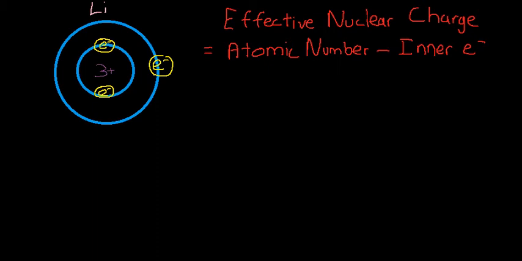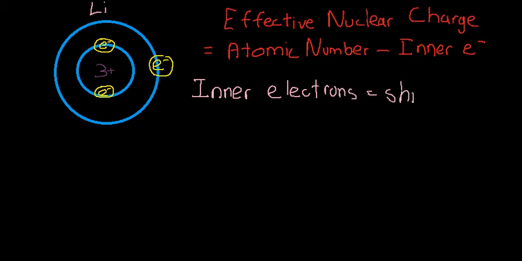So these electrons inside are spinning around really fast, and effectively they block some of that 3 positive charge that's coming out of the nucleus from hitting that outermost valence electron. With a charge of plus 3 and 2 shielding electrons, we say that the inner electrons can be thought of as shielding electrons, they're able to block 2 of the positive charges from the nucleus from reaching that valence electron.